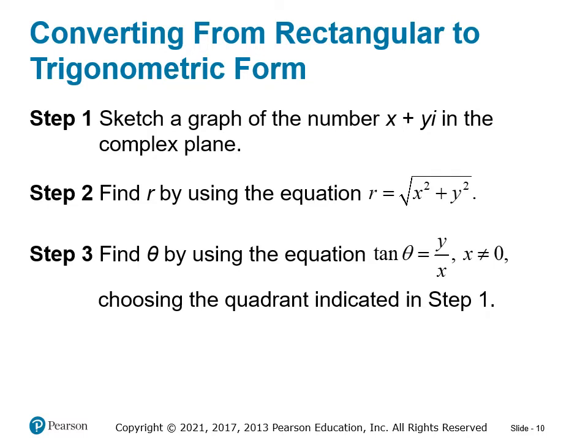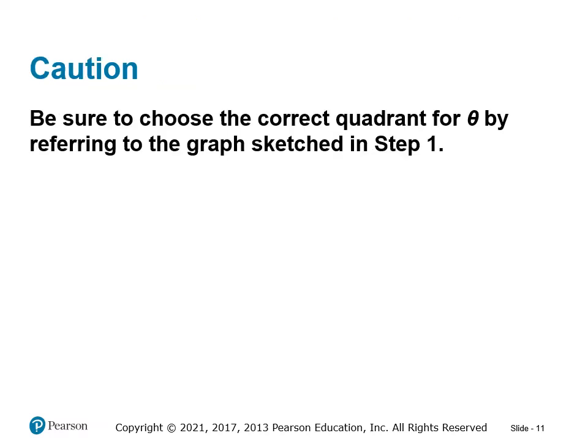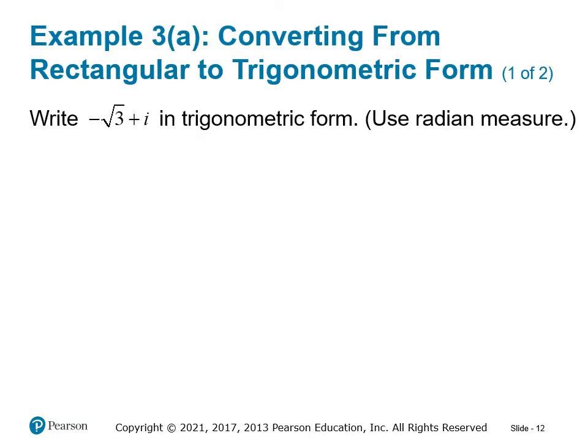Then we're going to find our angle theta by using the equation tangent of theta equals y over x, or b over a in a complex number, and choosing the quadrant indicated in step 1 when we graphed it, so we know if that angle is actually a reference angle or the actual angle in quadrant 1. Be sure to choose the correct quadrant for theta by referring to the graph you sketched in step 1. So let's go through the steps.